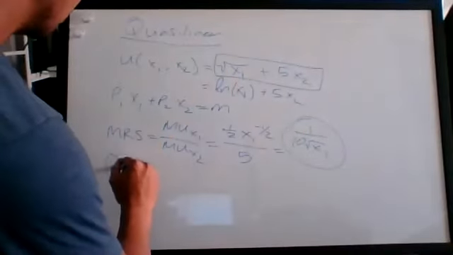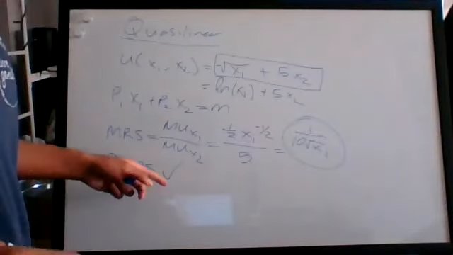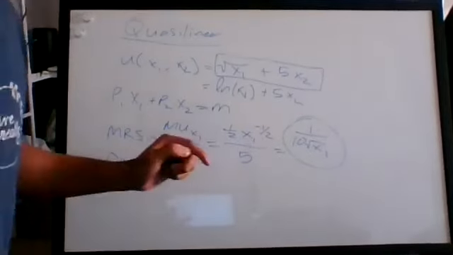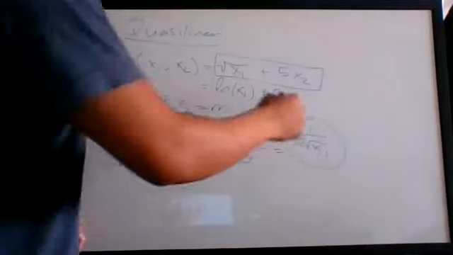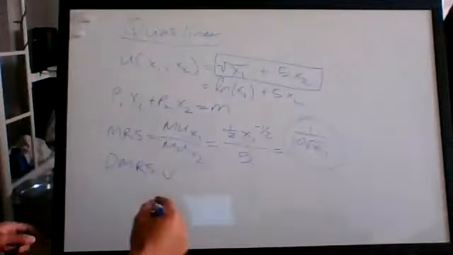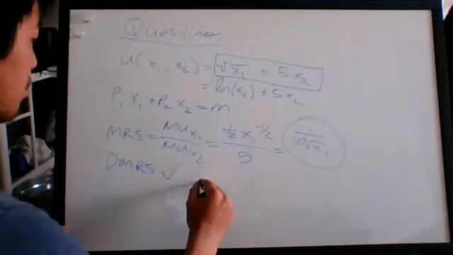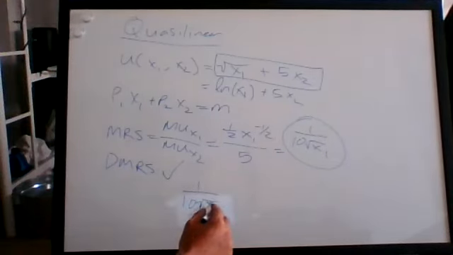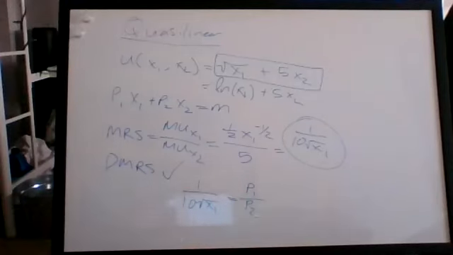And because of the fact that we have a diminishing MRS, we're going to be able to set this equal to a price ratio and solve by doing that, right? So in this situation, I have MRS equal price ratio. So MRS equals the price ratio is going to be 1 over 10 times the square root of x1 being equal to P1 over P2.